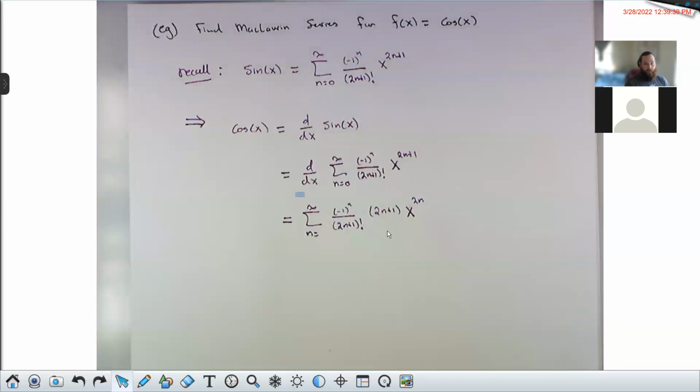This is correct, but it can be simplified, and also we need to say what the starting index is. Why did I leave the starting index off? Why haven't I said n equals 0 down here yet?